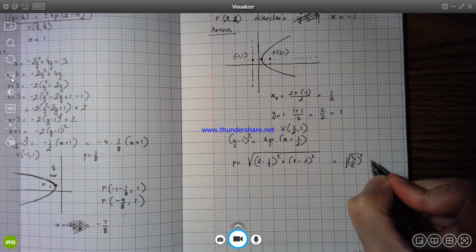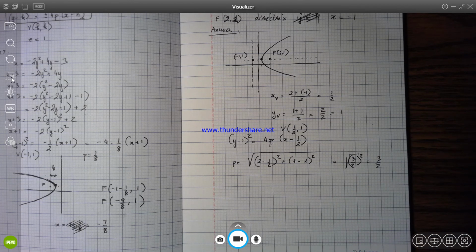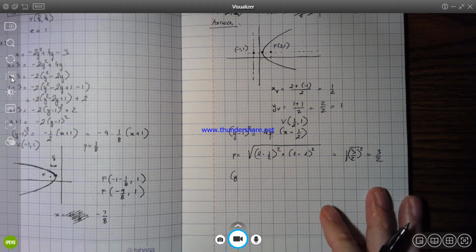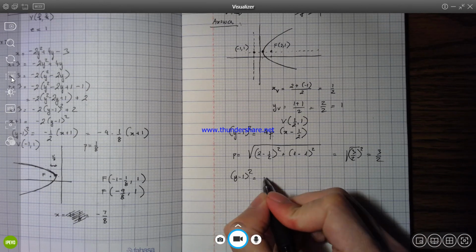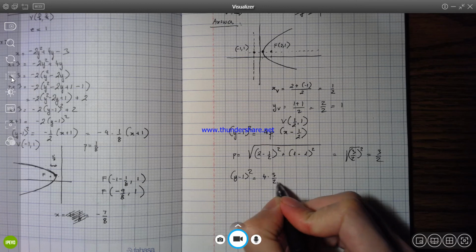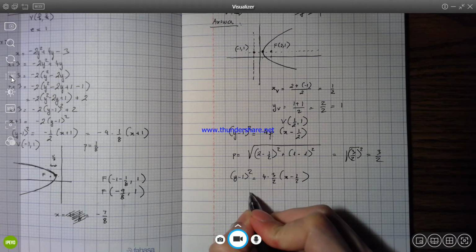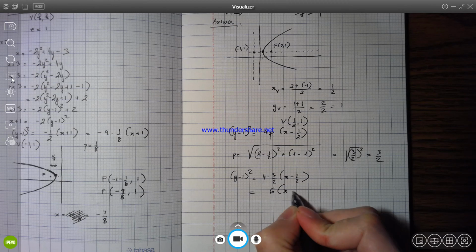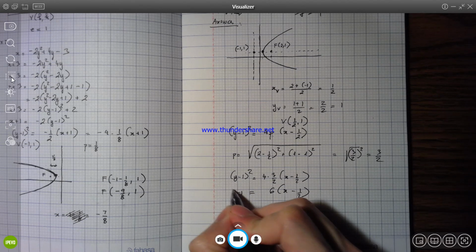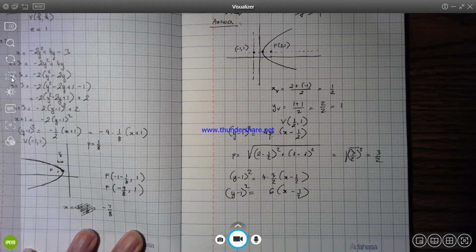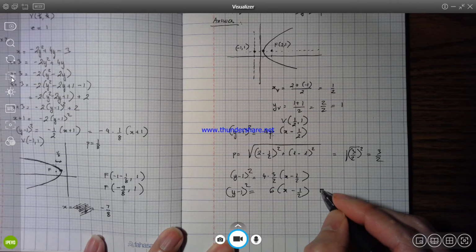Then p is 3/2. My equation becomes (y minus 1) squared equal to 4 times 3/2 times (x minus 1/2), which gives (y minus 1) squared equals 6(x minus 1/2). Then you have the final answer. Very easy.